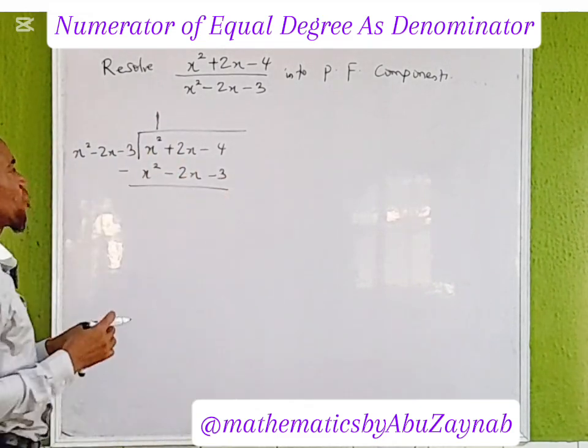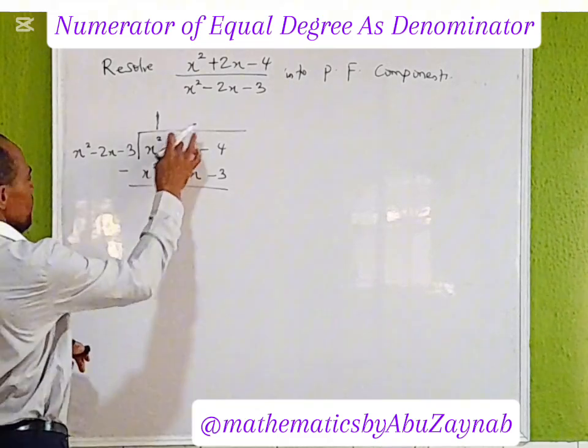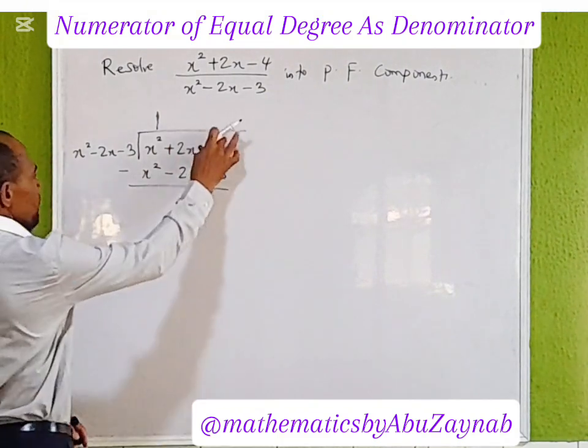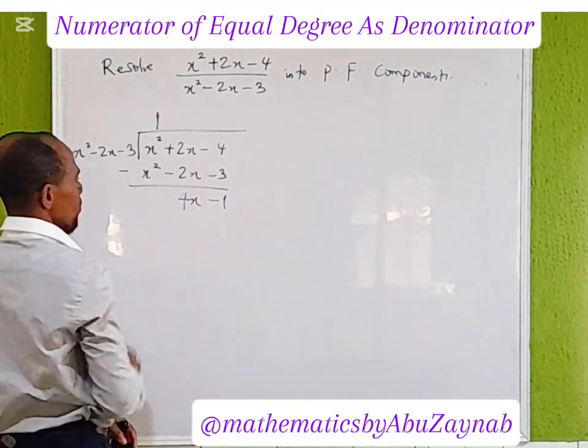And then we subtract this polynomial. So we have 2x minus, that is 4x there, and minus 4 minus minus 3 gives minus 1.